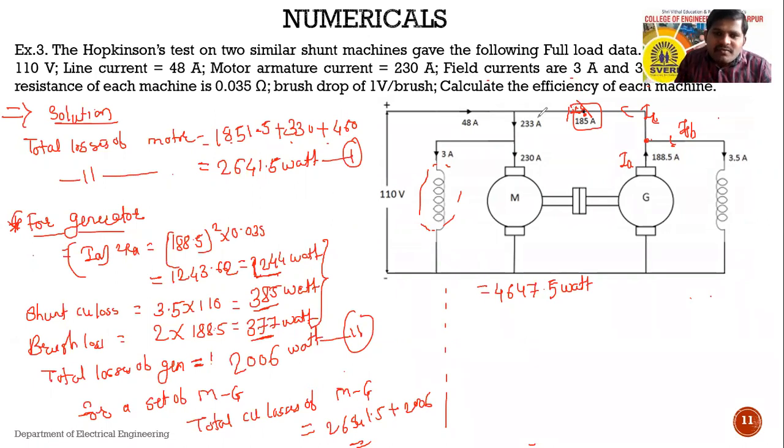So according to this, we are able to calculate the no load losses from the current taken from the supply and the voltage at the no load condition. It is the no load power taken by the machine.